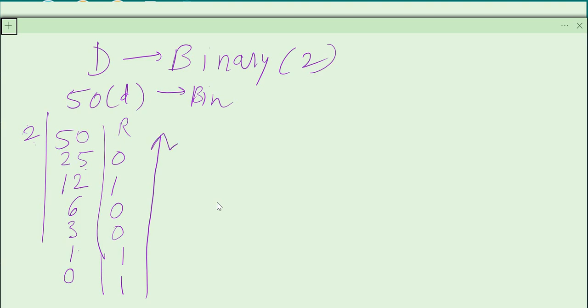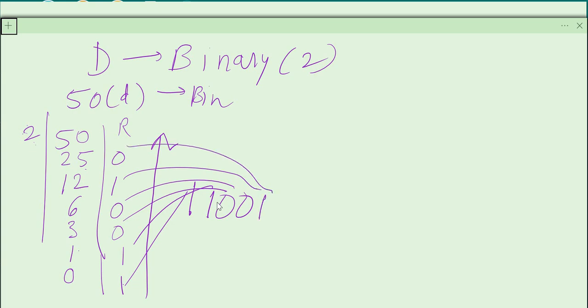So the number becomes 110010. This is 50 decimal converted to binary, the binary equivalent of 50 decimal.